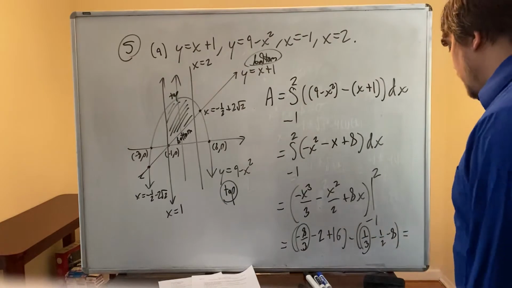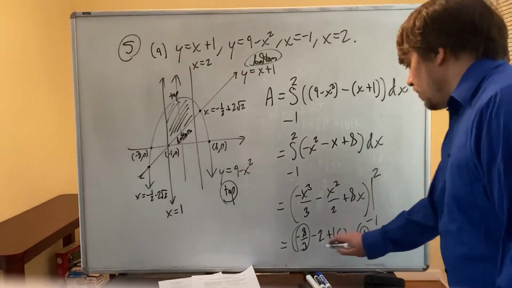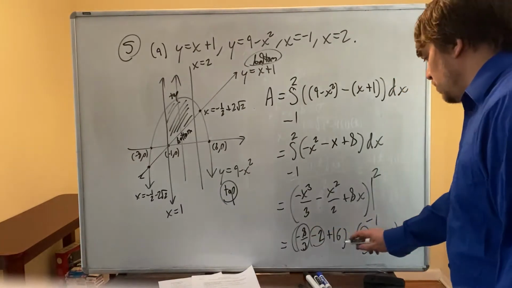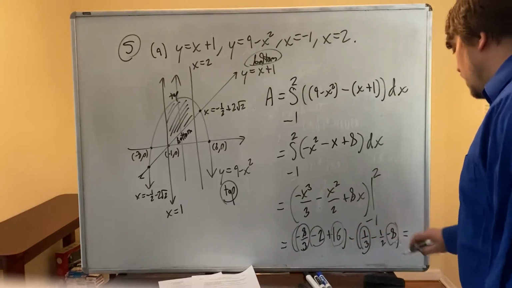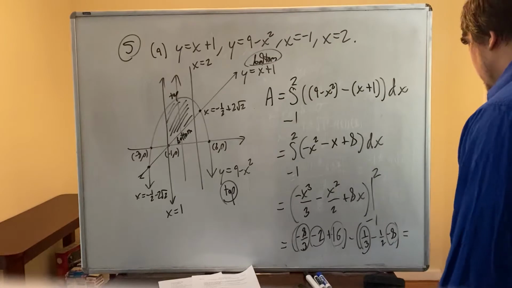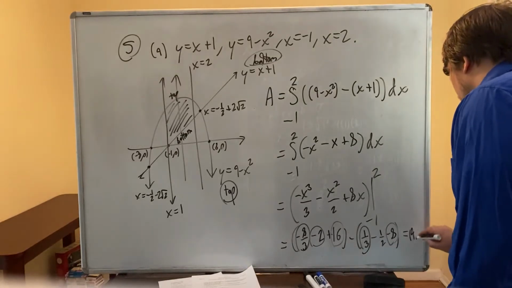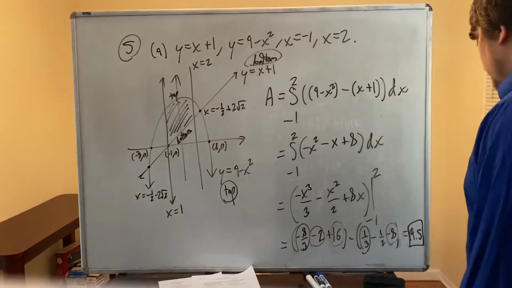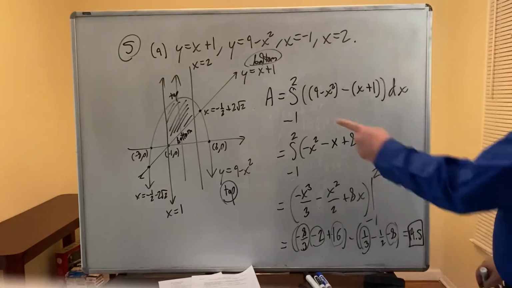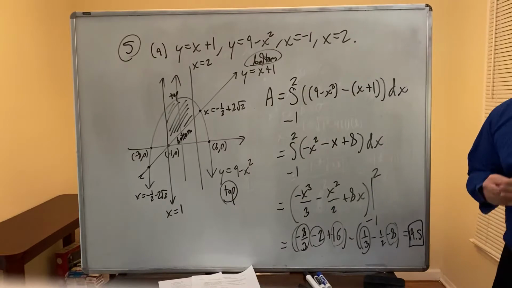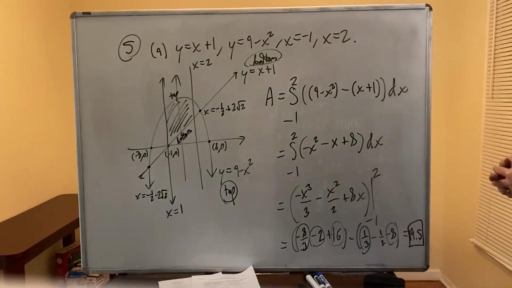That's minus 3, minus 5, 11 minus negative 8, 19.5. All right, the answer is 19.5 for the area. That's 5A.